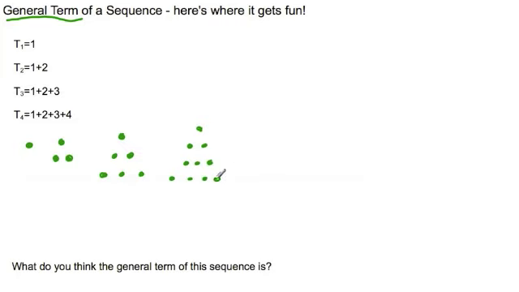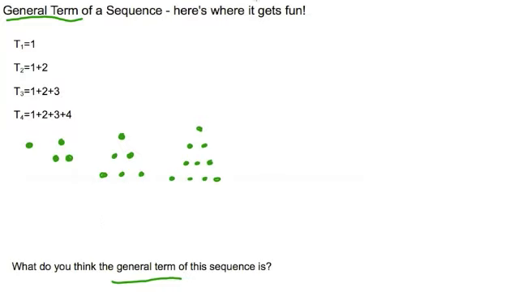And then you can assume that as we move on from one to the next, we would just add that next layer. But what we want to do is think about a general term of a sequence. And when we're talking about the general term of a sequence, we're thinking about the equation that best represents how to find these values.